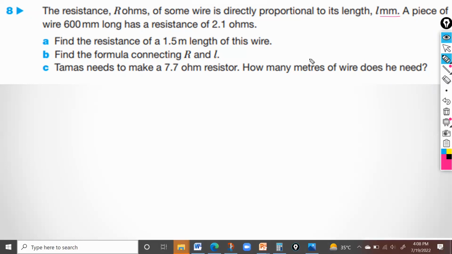So first of all, I check with the K. So resistance is directly proportional to its length. It means resistance is equal to K times length, and K equals resistance upon length.